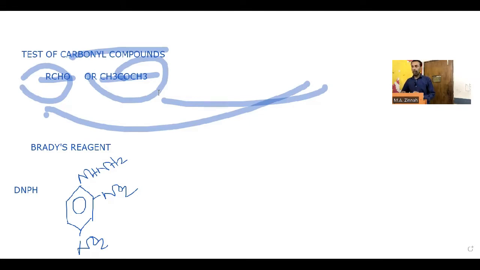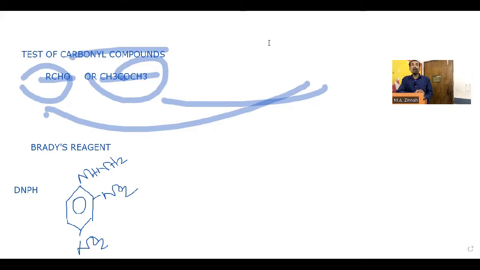And this was the first topic last day. Then the next topic was distinguishing aldehyde and ketone. With the test with DNPH, we find that either aldehyde or ketone is present in the sample. But which one is really there?